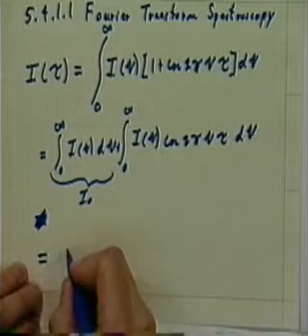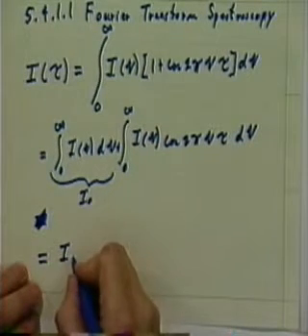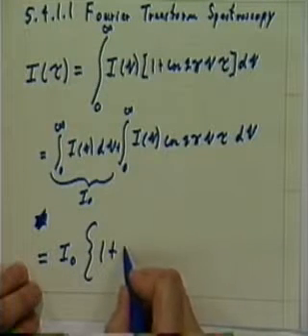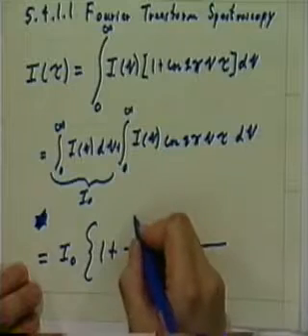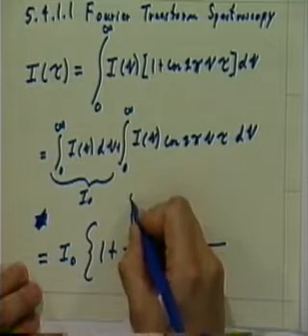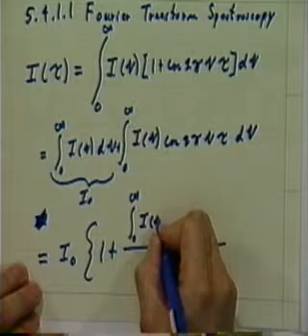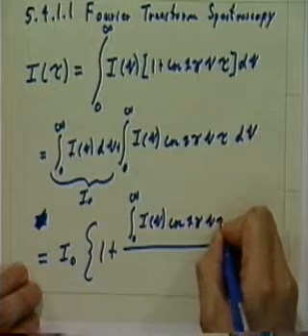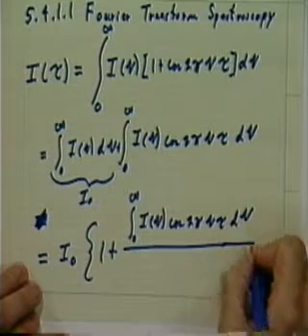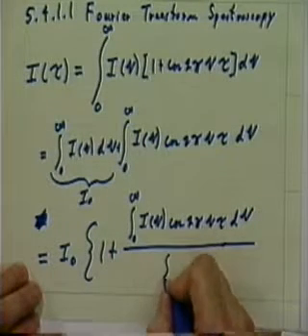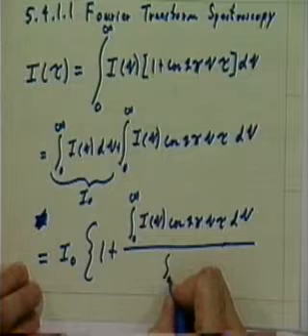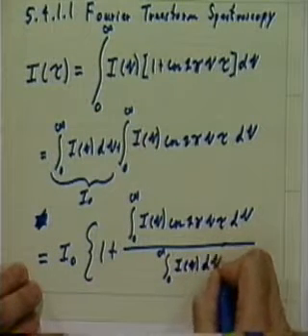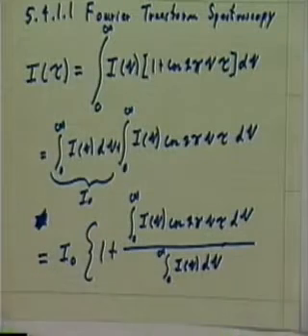So then now this would be equal to I naught times 1 plus the integral 0 to infinity I of nu cosine 2 pi nu tau d nu divided by 0 to infinity I of nu d nu. So that's just some normalizing factor down here.